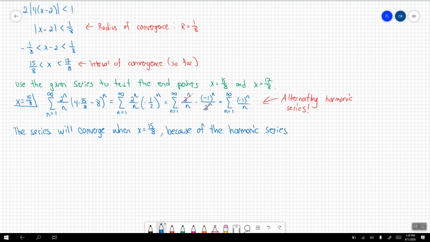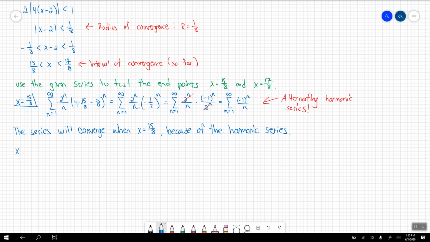Nice. So far we found that it is going to converge. That tells me that this endpoint, 15/8, is going to be inclusive. So I need to add an equal sign here for this inequality, so it's going to be less than or equal to. Awesome. I'll keep that in my back pocket.